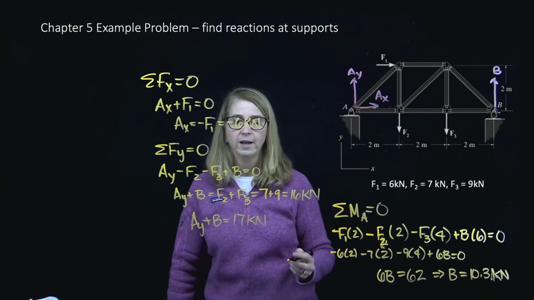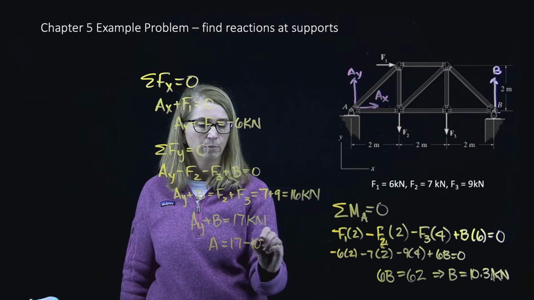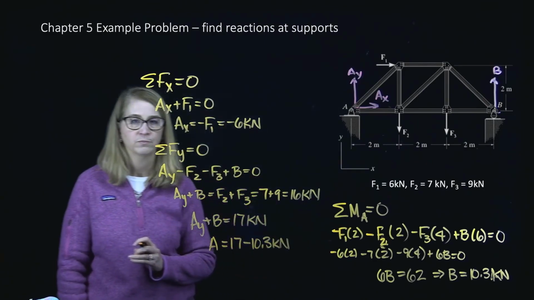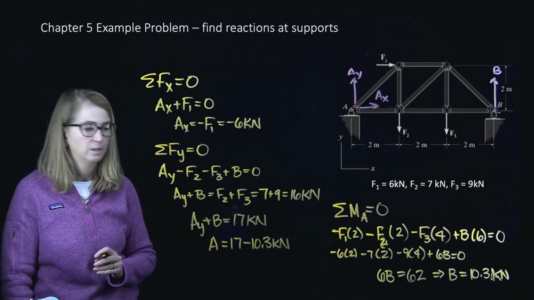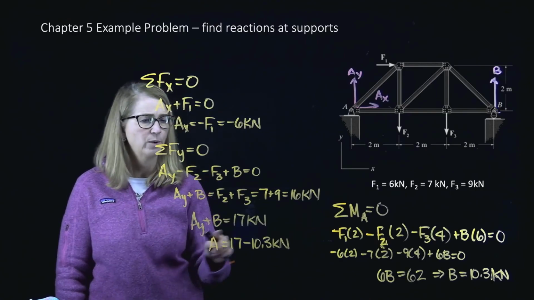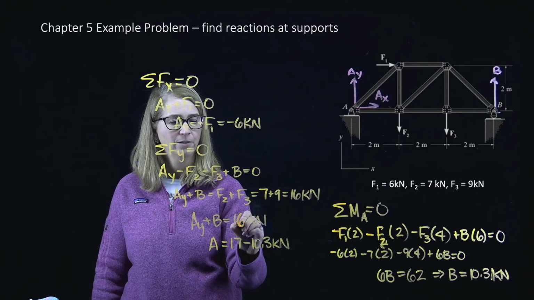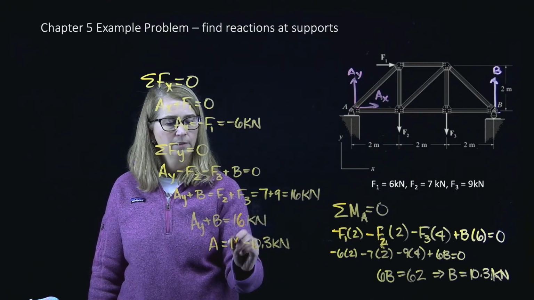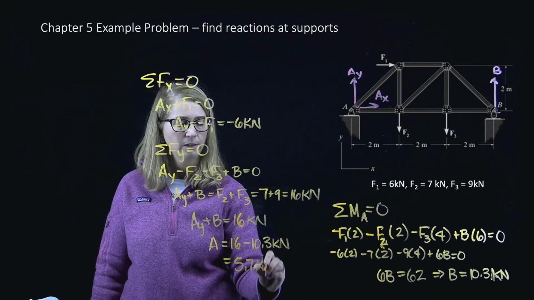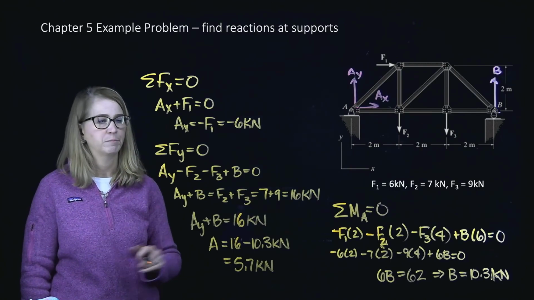And once I know that, A is going to be 16 minus 10.3 kilonewtons. Why did I write 17 here? It was 16, sorry. And this ends up to be 5.7 kilonewtons. All right, little mistake I made along the way, but I fixed it.